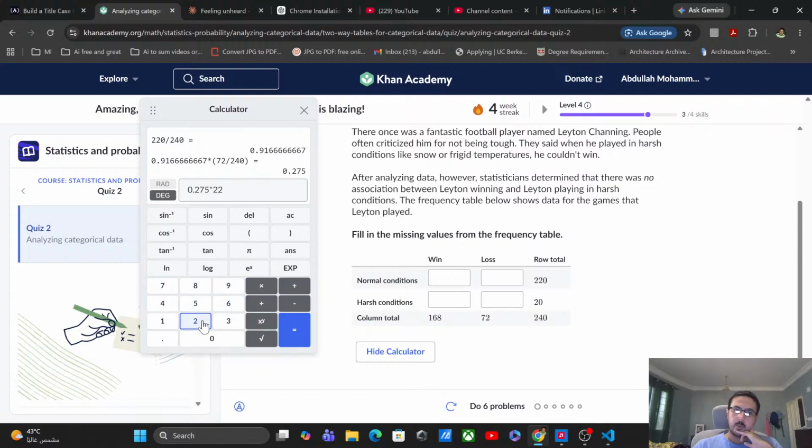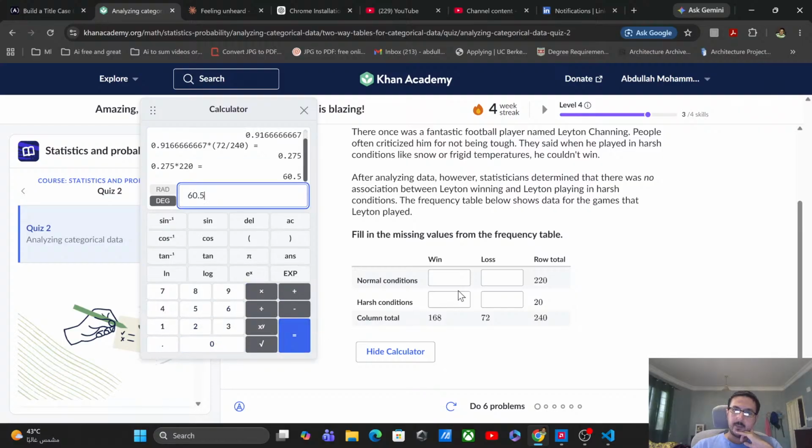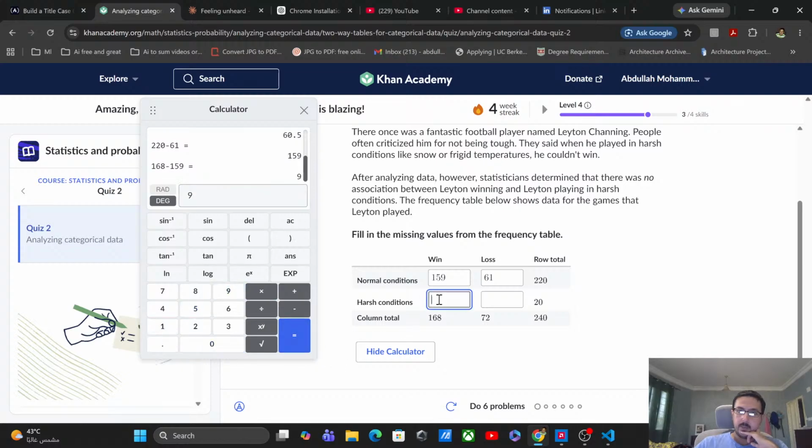27% of 220 is 60.5, so that's 61. And 220 minus 61 is 159. 168 minus 159 equals 9.